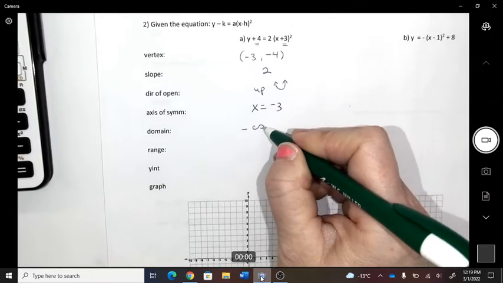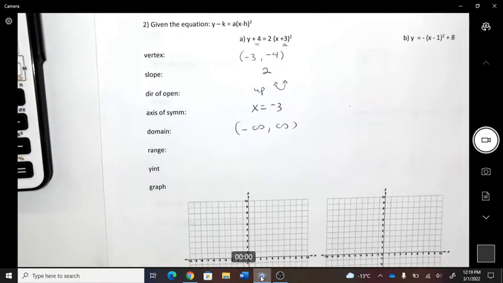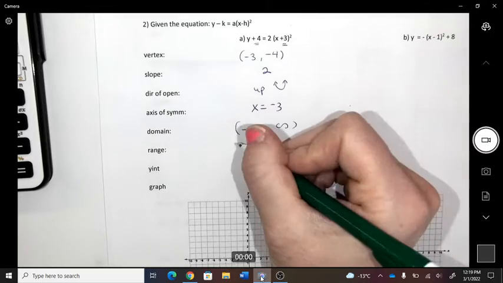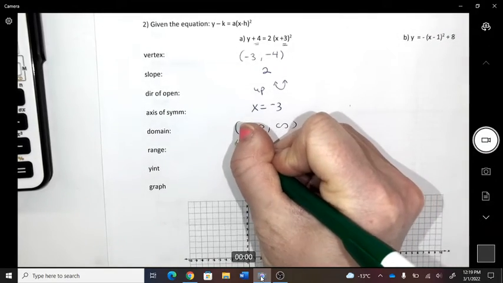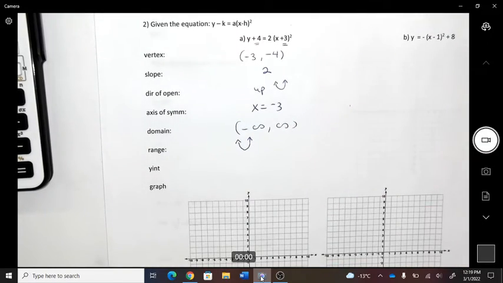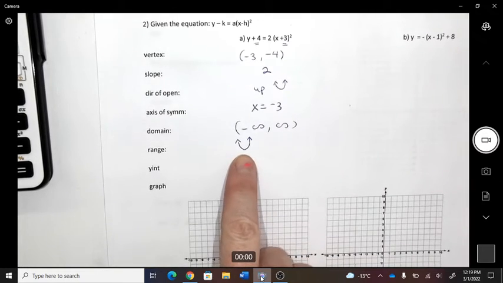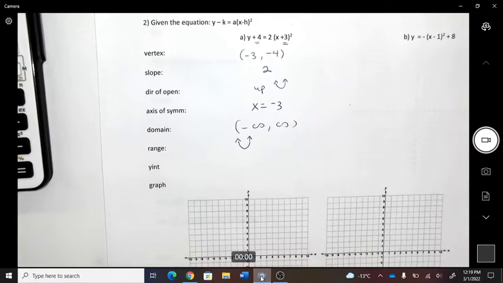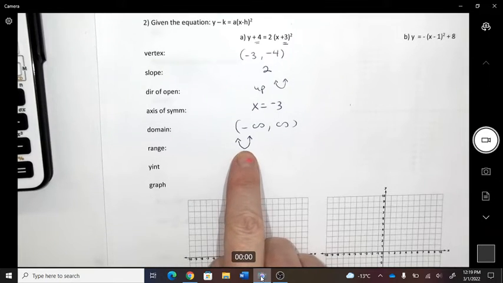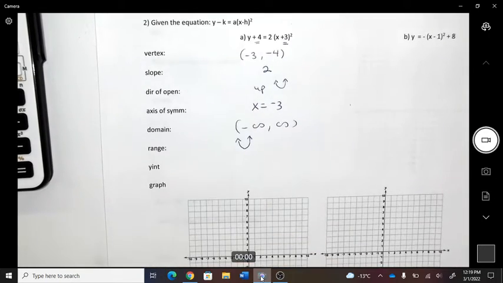So they always go left and right forever. Okay, the range, we already determined it was opening like that. So I'm going to have some kind of minimum to infinity. Some kind of minimum, and then it will go to infinity.